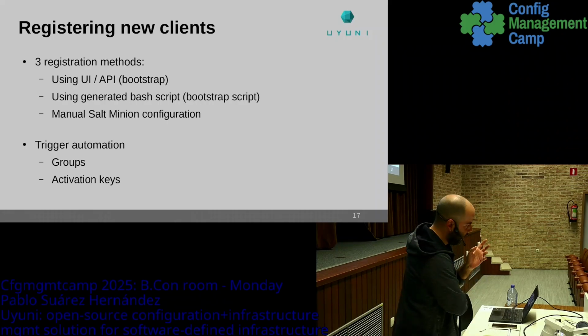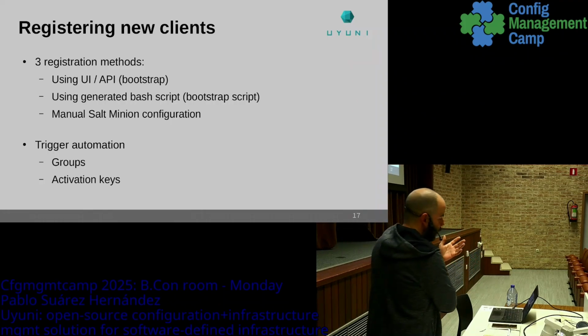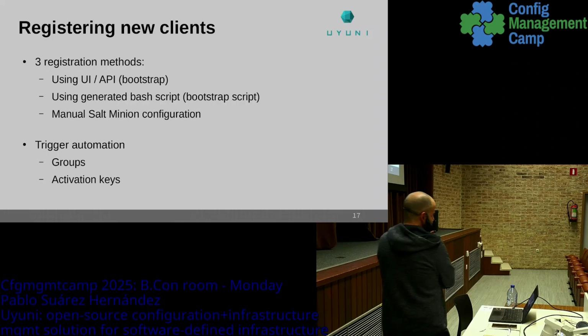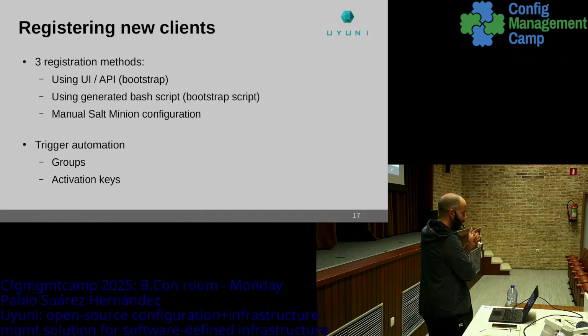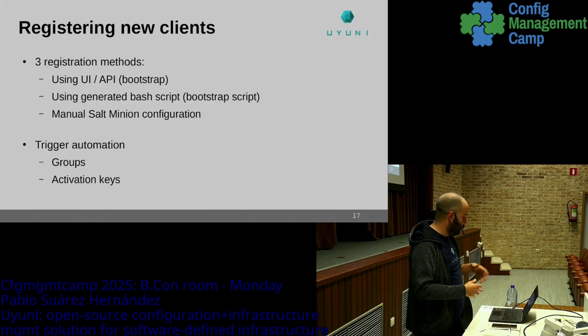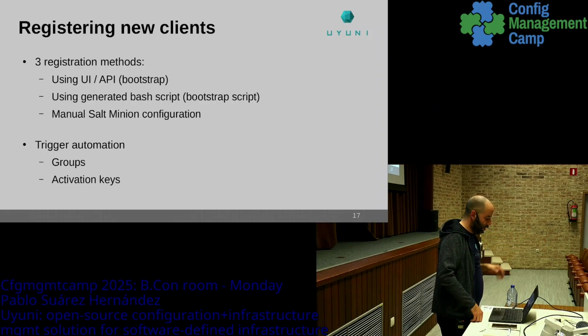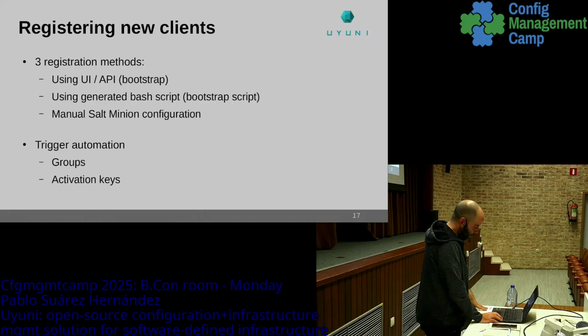So for example, I might have an activation key for my web servers or for different things. So anytime that a system is registered with that activation key, as soon as the system is registered, it's going to start applying a set of configuration that you have defined. So you end up having a system registered and configured as you want. For example, a web server.